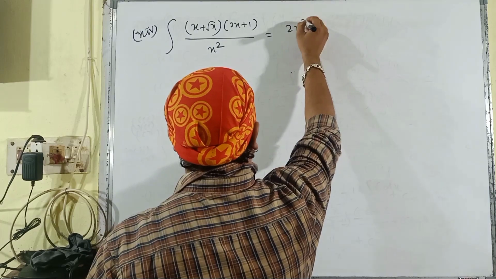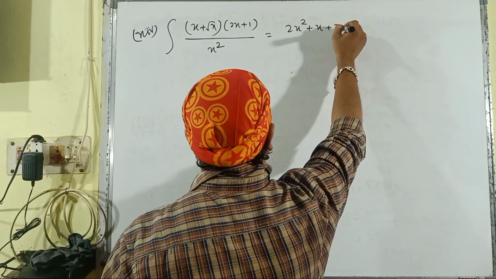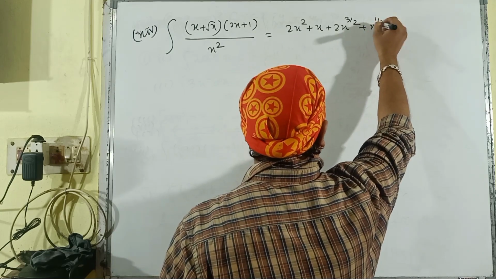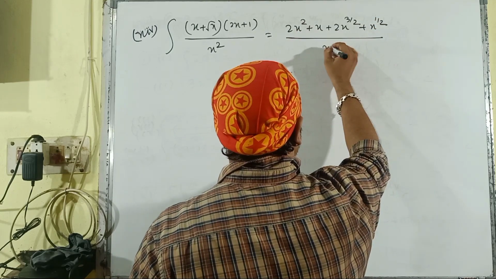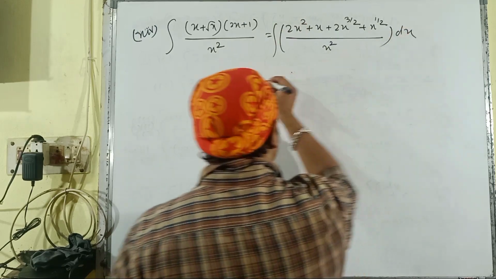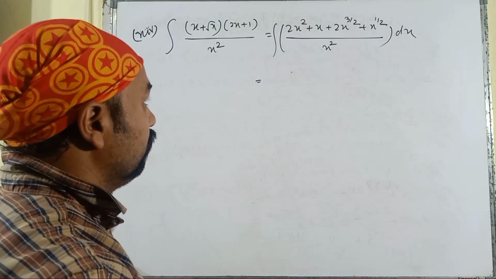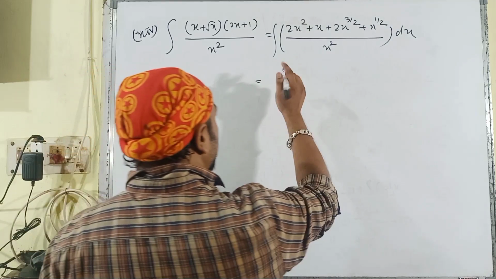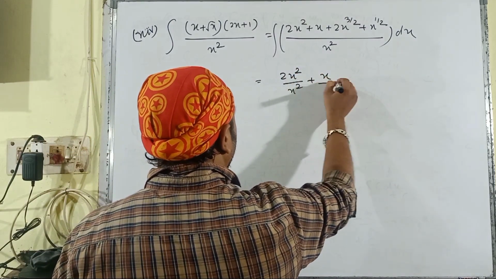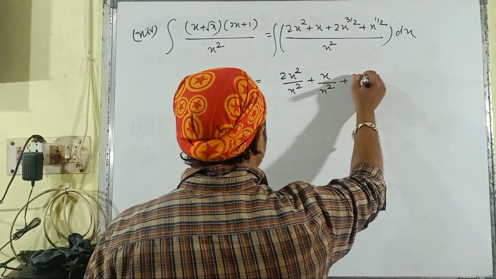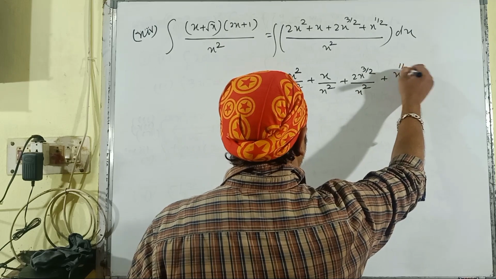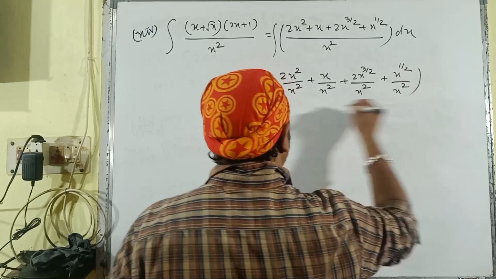Then it is 2x square plus x plus 2x to the power 3 by 2 plus x to the power 1 by 2, whole divided by x square. Then separating the terms of the numerator along with the term of the denominator, it is 2x square divided by x square plus x divided by x square plus 2x to the power 3 by 2 divided by x square plus x to the power 1 by 2 divided by x square.